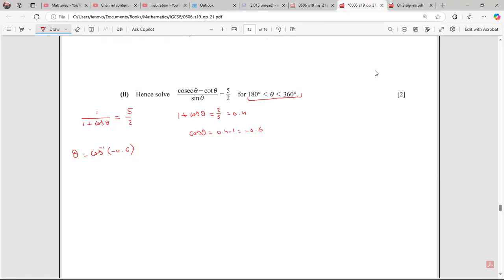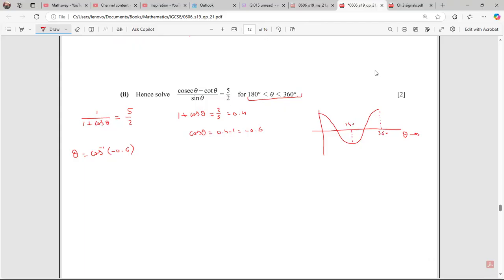Okay. Now remember how the cos function looks like. This is theta. It starts from 1, goes to 0, and then goes to minus 1, and then 0, and then 1 again. So this is one complete cycle, and this is 360. This point is 180.